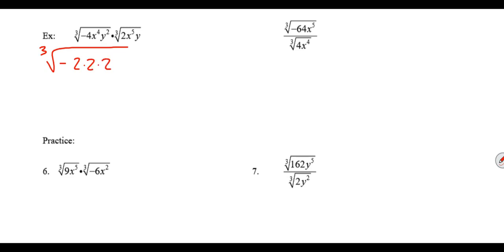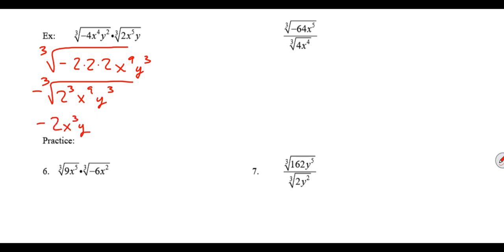Because 4 is 2 times 2, and there's another 2. And then I have x to the 9th, and then y to the 3rd, right? So let's bring that negative out, because there's only 1. And then that's 2 to the 3rd power, x to the 9th, y to the 3rd. So negative 2 x cubed y, and there's my problem solved. Okay? Kind of straightforward. Shouldn't be too bad.